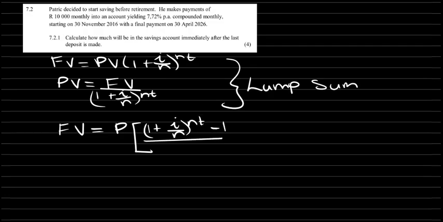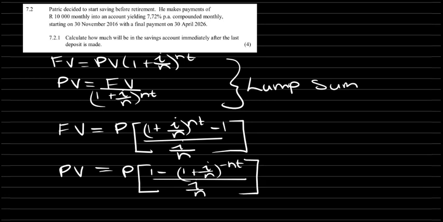However, we see here that Patrick deposits 10,000 Rand monthly for the time period. So we need to use a different formula. That formula looks as follows. The future value equals the payments multiplied by (1 plus the interest rate over n) to the power nt, minus 1, over the interest rate over n, where n is the number of times it's compounded per period.